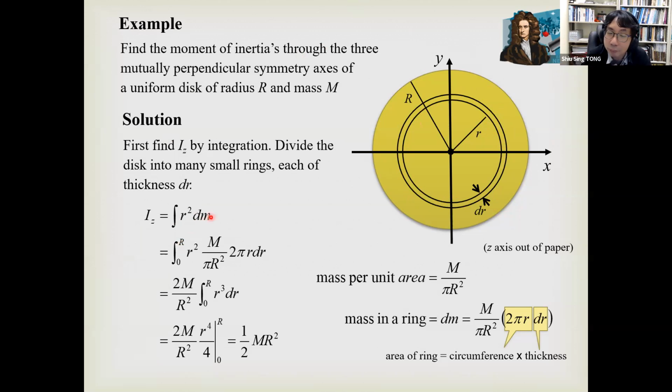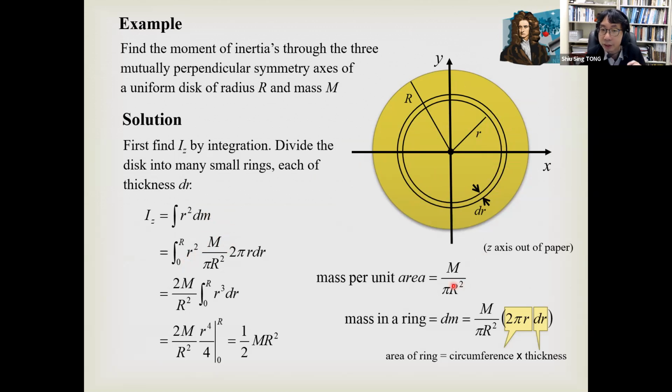So that's why when we do the integration of r squared dm, when we divide it into rings, the r is well defined, because all the point masses inside each ring have an equal distance r from the axis. And so r in this case is well defined. That's why we chop it this way. But how about dm? How can we find the mass of the ring?